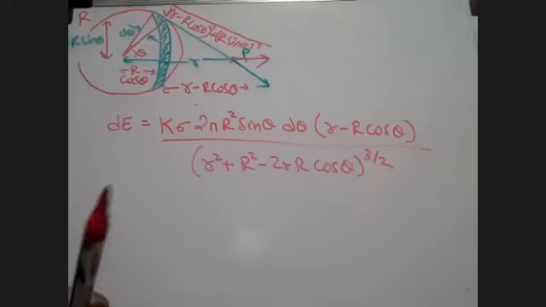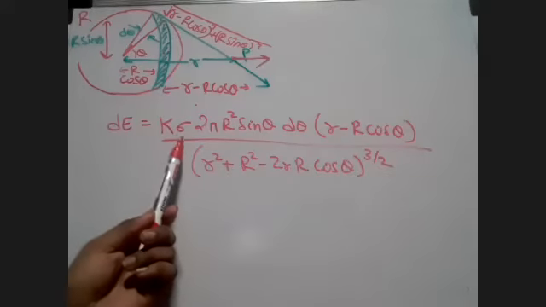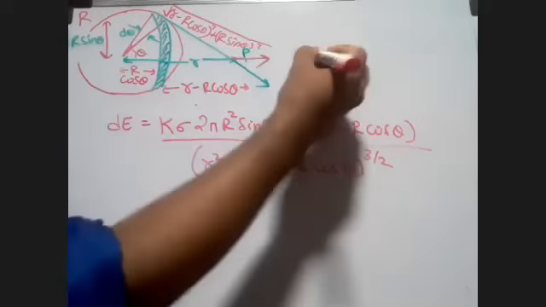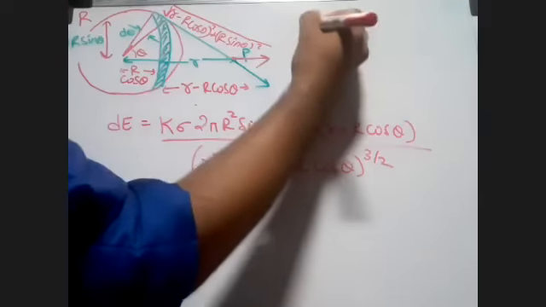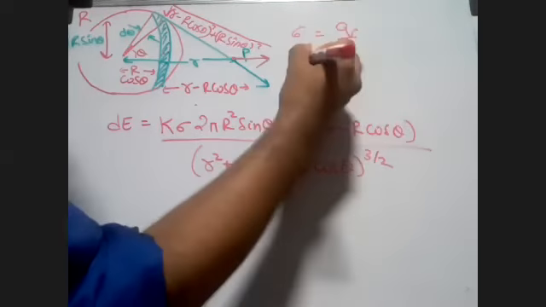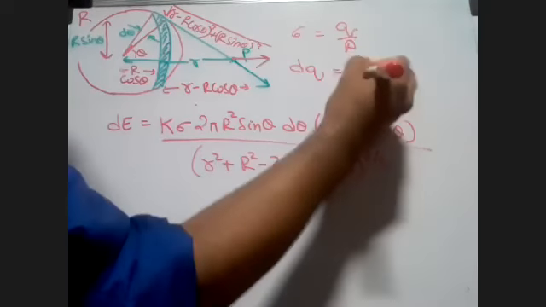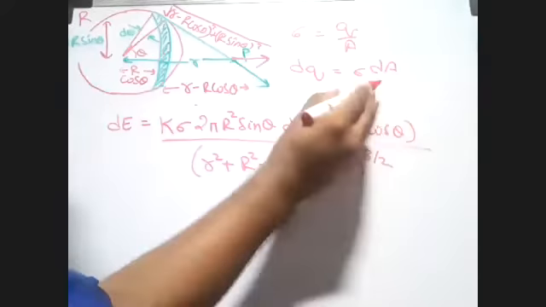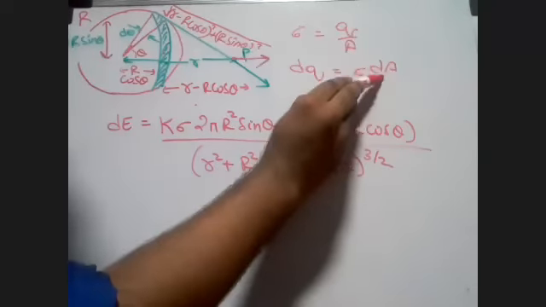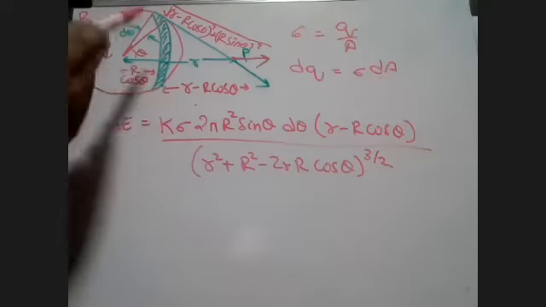Now I have written this sigma over here, and sigma means charge per unit area. We already substituted it as dq equal to sigma times dA, where dA is the ring element.